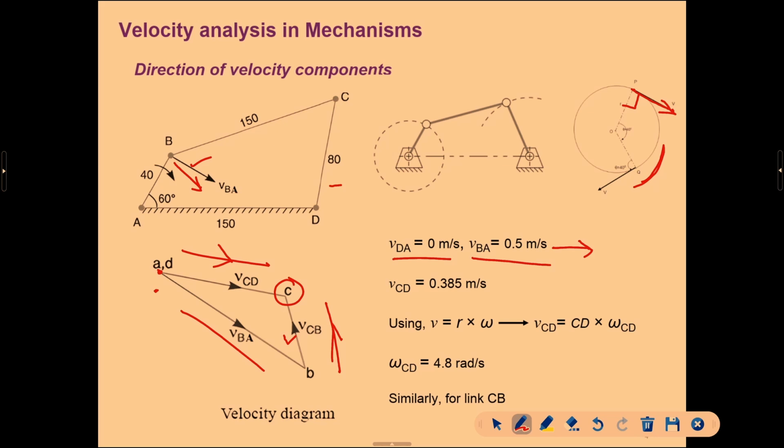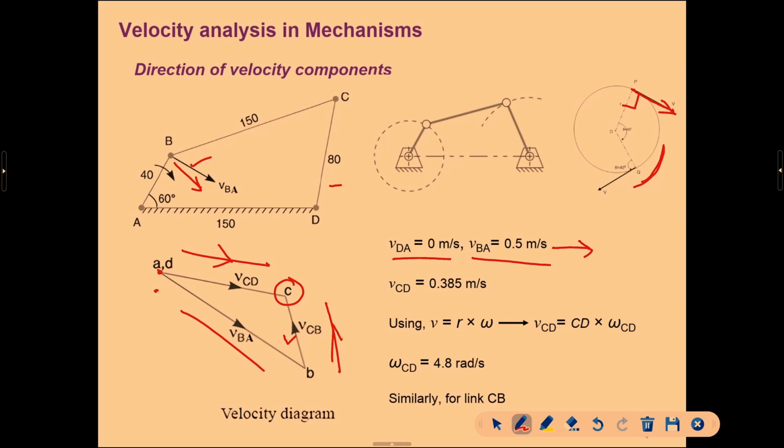For example, I need to know the velocity of link CD. It's simple, just measure the length of the line of link CD in the velocity diagram and convert it to the appropriate scale. You will get the velocity of link CD.